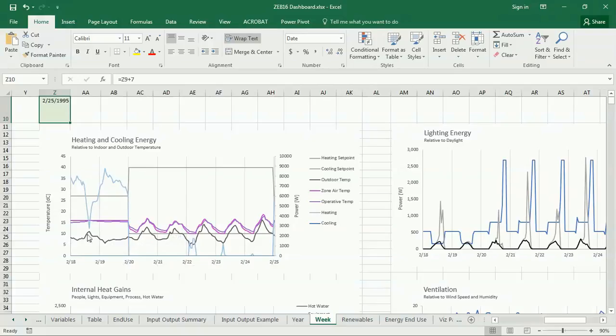So in spite of, we've got cold weather here, this black line, and then there's even some hours, you can see like right in the middle of the day here, where we are getting some heating in order to maintain that very low 10-degree set point. So you could set it for an even lower set point in order to completely turn the heating off, but know that it's real cold in there.